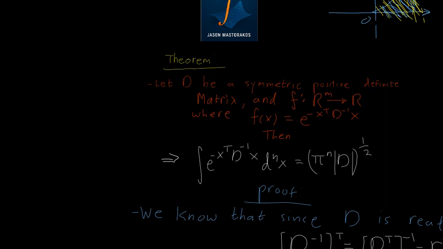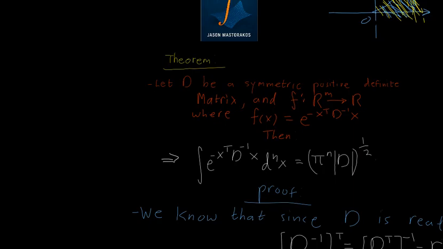Okay, if P, then Q follows. All right. So in this case, statement P would be: since D is a real and symmetric positive definite matrix. Okay, that's P.